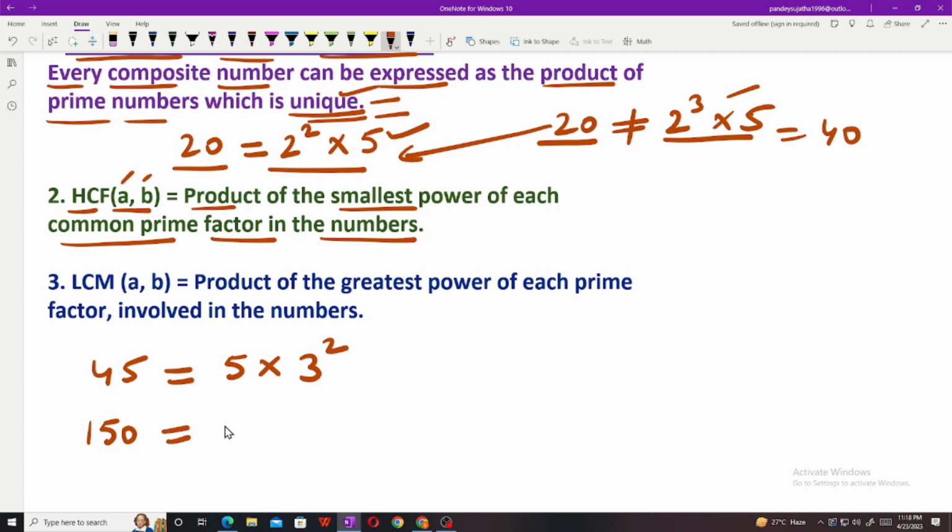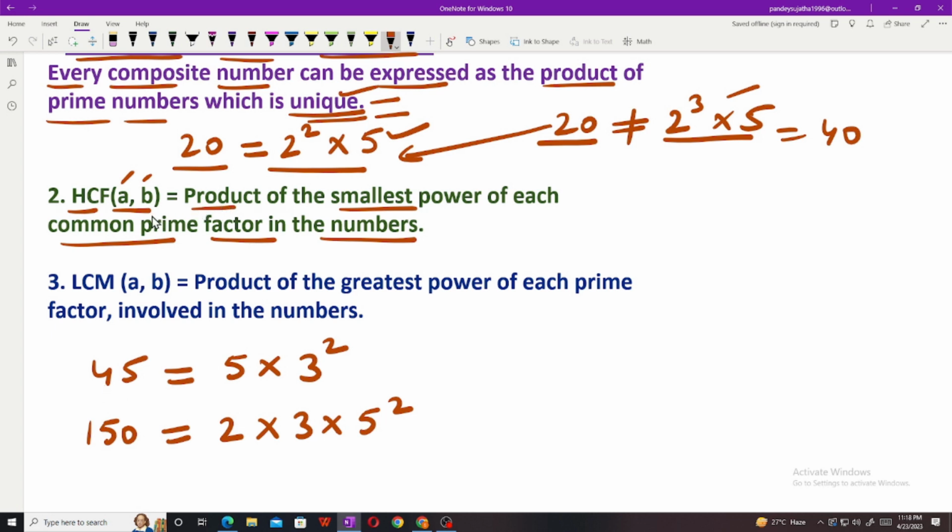And 150 is 2 into 75, and 75 is 3 into 25, and 25 is 5 square. These are the prime factors of 150, and 5 into 3 square is the prime factorization of 45.